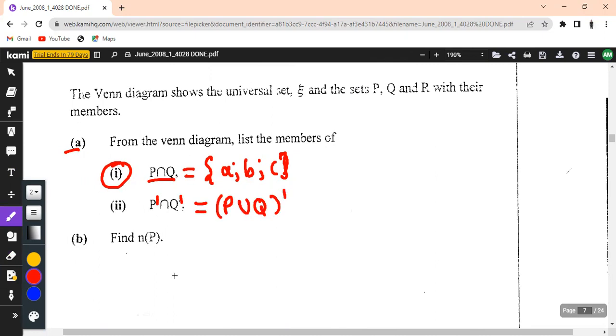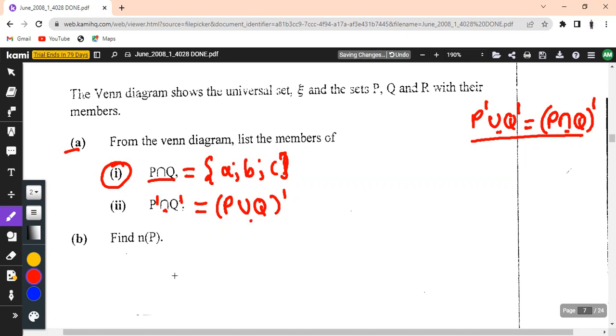You interchange this intersection to union and the whole bracket will be complement, which means P complement union Q complement is equivalent to, you interchange this, P intersection Q complement. So these two are the same. It's difficult for you to work with this, so you use this one because it's easier, guys.